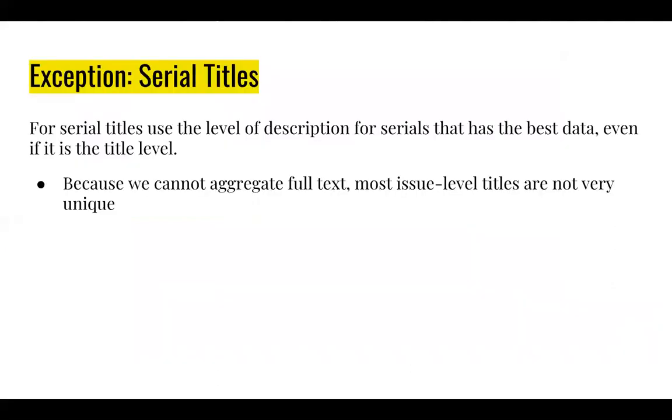There is an exception to this, which is with serial titles. With serial titles, we recommend you use the level of description that has the best data, even if it's the title level. We don't aggregate full text. As I mentioned before, we only aggregate metadata. And most issue level titles are not very unique at the issue level.